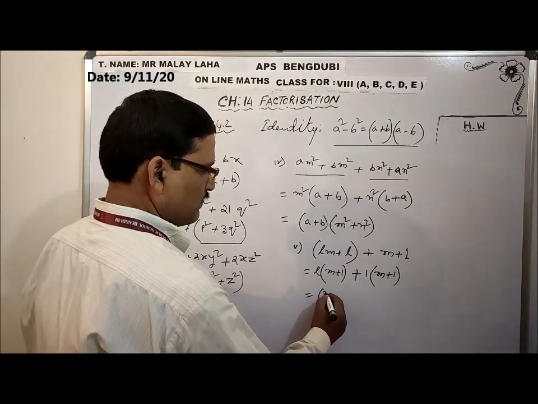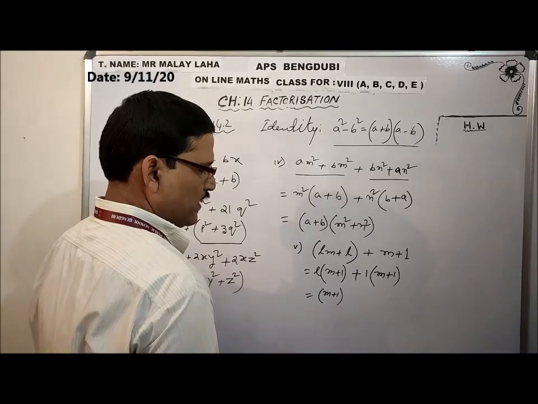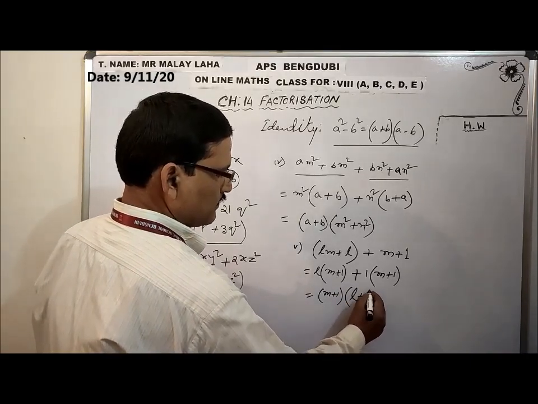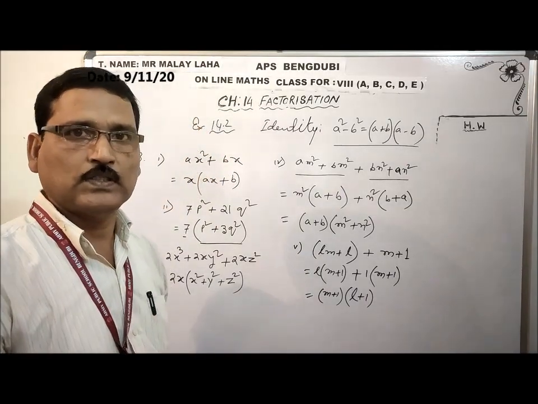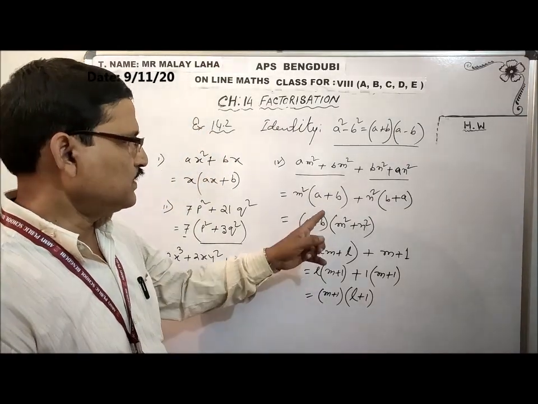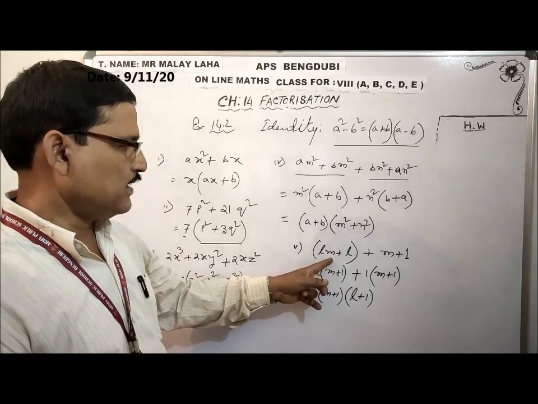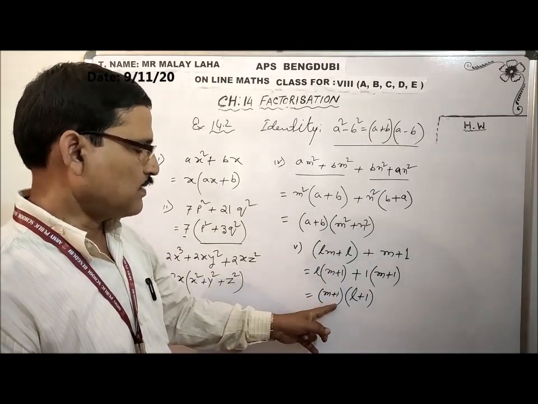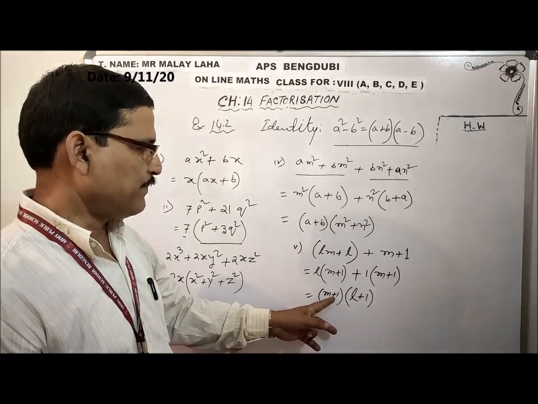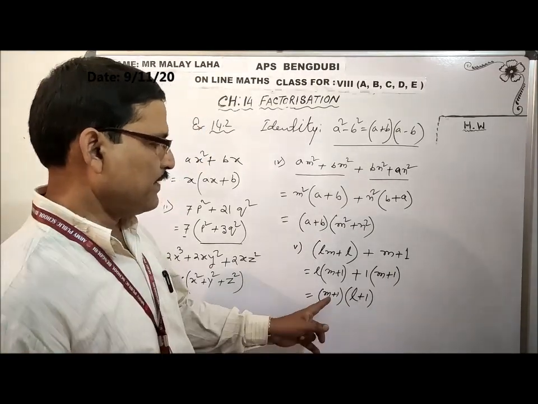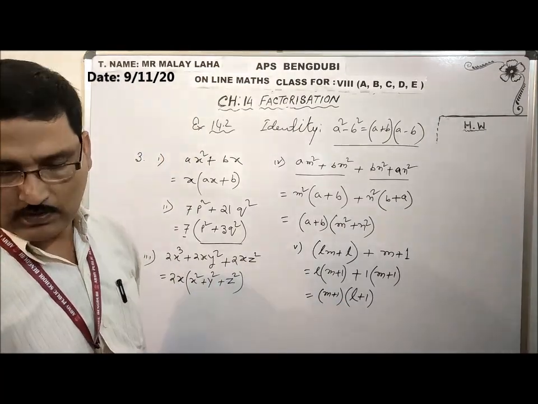M plus 1 in both. And it is L plus 1. Clear? So this quadrinomial can be written as the product of two factors, M plus 1 and L plus 1. M plus 1, L plus 1.